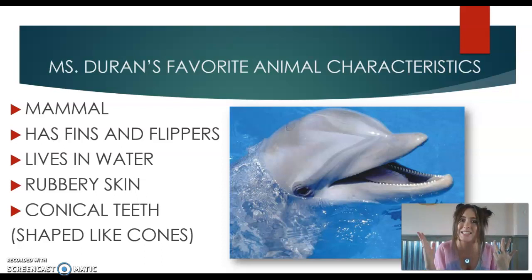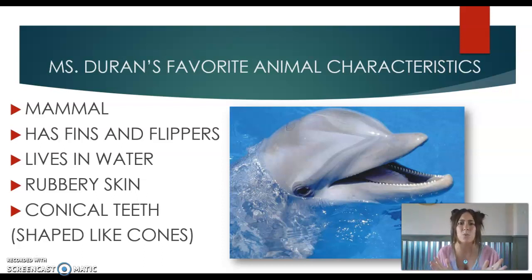All dolphins have rubbery skin. And the fifth one is it has conical teeth. I hope I'm pronouncing that right, but it basically means that their teeth are shaped like cones. So those 5 characteristics are things that describe or make that animal a dolphin, right? You can't say that it has feathers, right? Dolphins don't have feathers. And so I want you to pick your favorite animal.